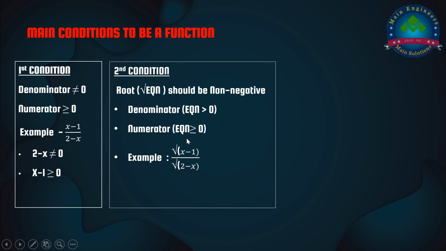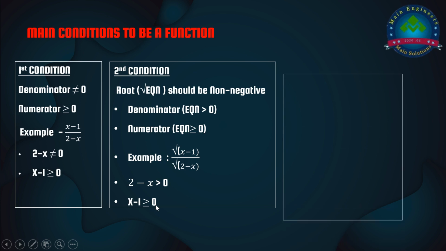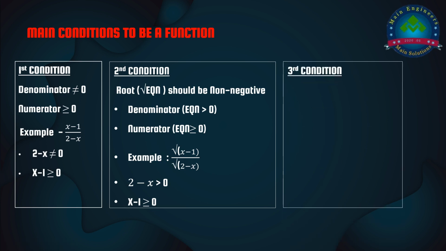That means 2 minus x is going to be greater than 0, and the numerator expression x minus 1 is going to be greater than or equal to 0.